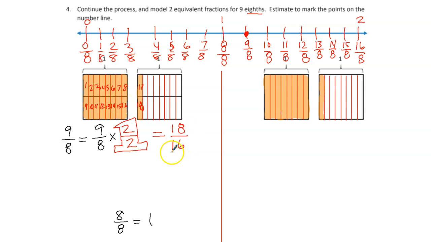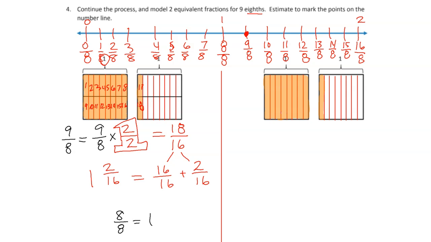So I can say, well, 16/16 is equal to 1 whole, plus I have 2/16 remaining. 16/16 plus 2/16 equals 1 and 2/16. You see my 1 whole box is shaded in here, and then I have 2 out of 16 shaded in here.